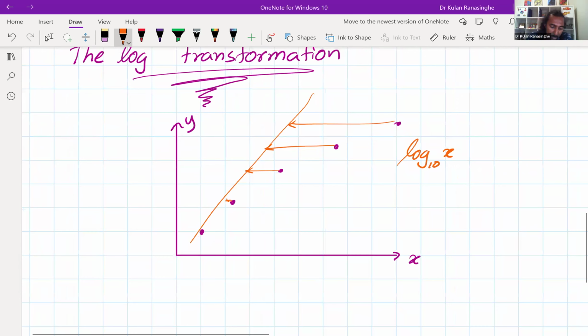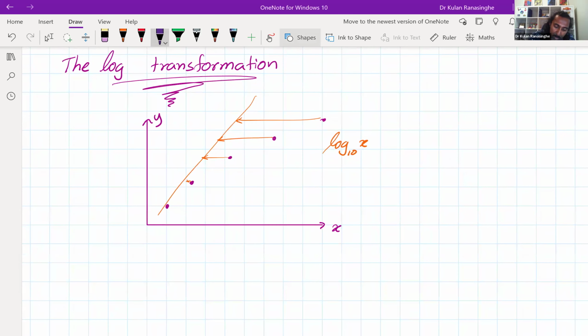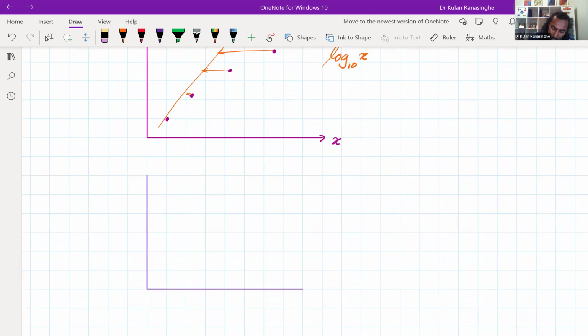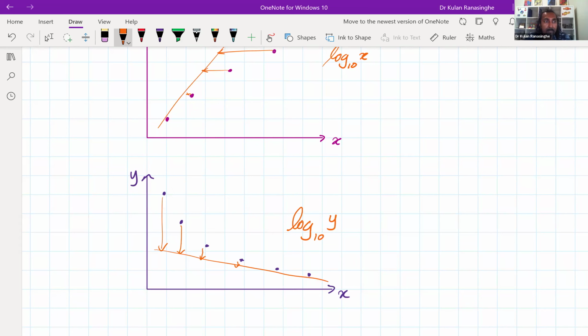On the other hand, if you had this way, now you can push these down so that they align nicely on a line using a log transformation on y.